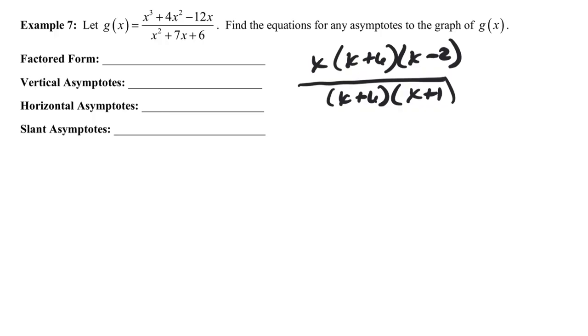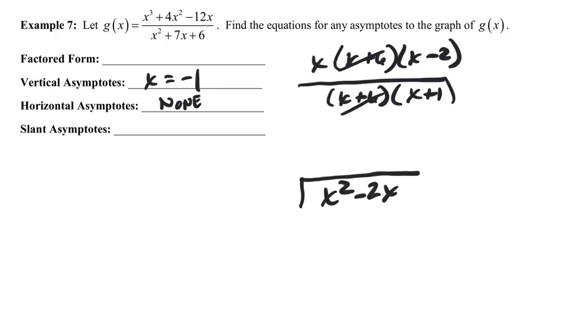The vertical asymptote, I have one at x equals -1. I don't have a horizontal asymptote. We have a slant. Can't have both, so none, right? So my slant asymptote, I could cross these out if I wanted to, but I would have to redo the thing. So I could go, all right, x squared minus 2x, and then x plus 1.